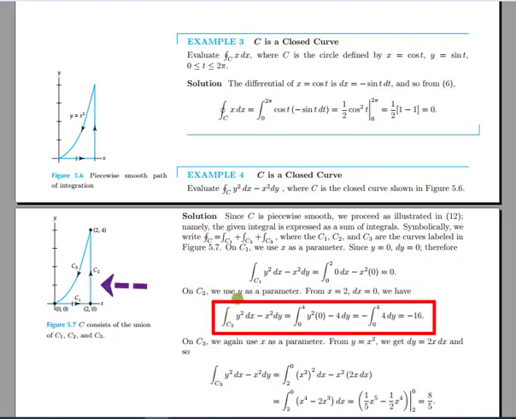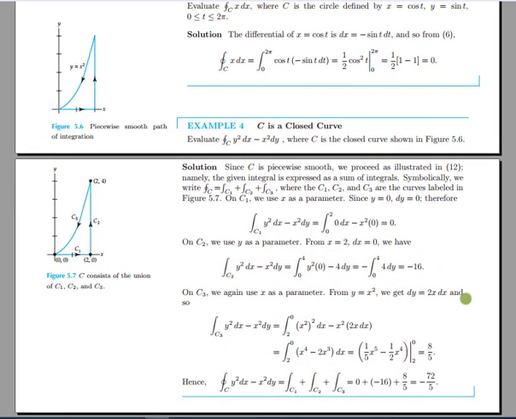On the curve C2, we use y as a parameter. Because C2 starts from (2, 0) and ends at (2, 4), we see that x is fixed but y is variable. So we take x equal to 2. Therefore, dx will be 0.